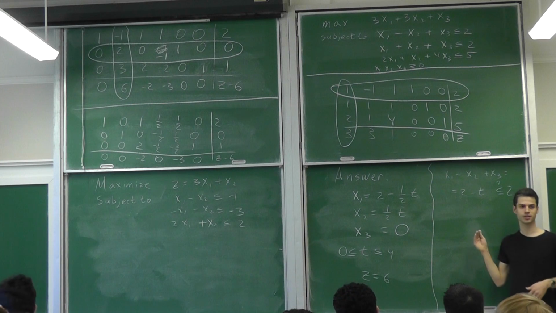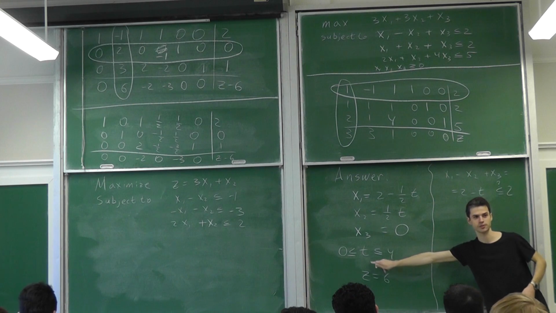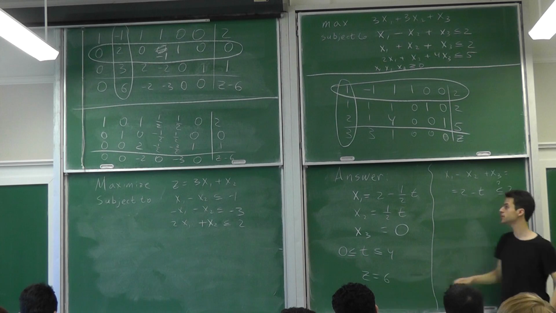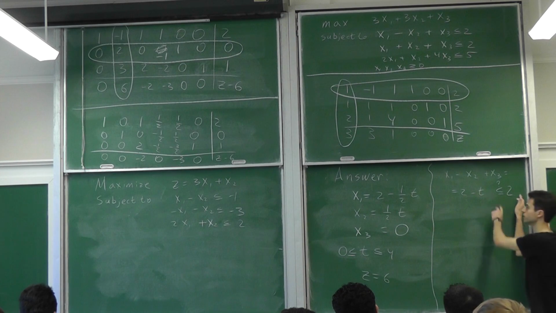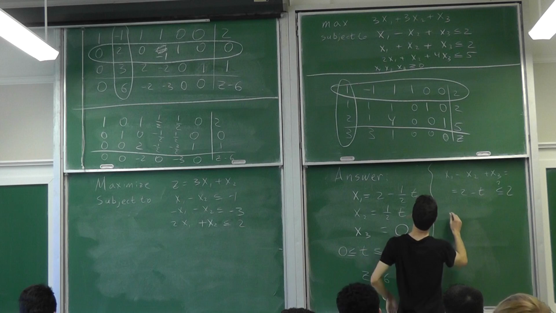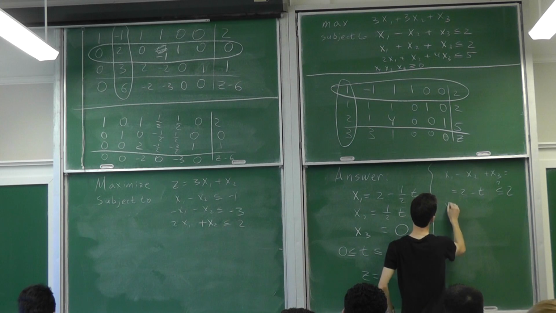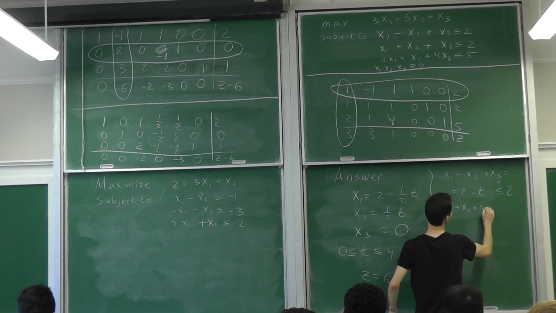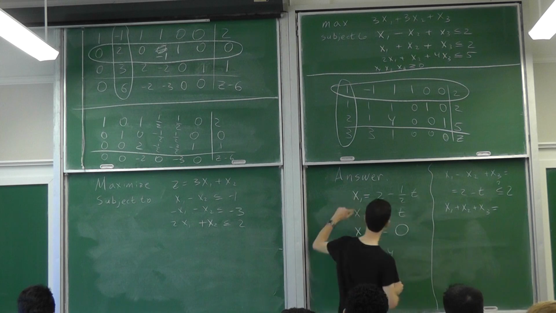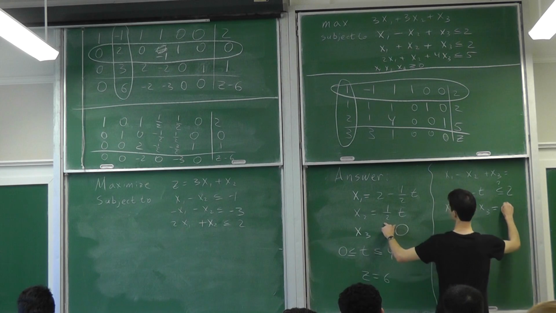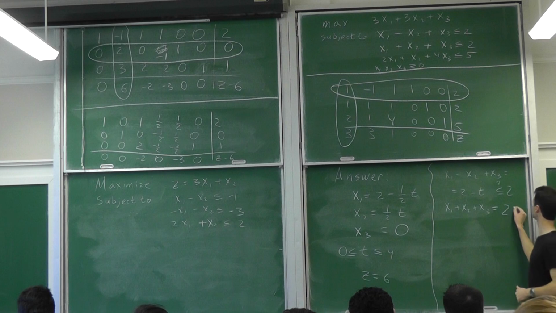Answer, yes. And the reason is because t is positive. So this inequality is used to satisfy this constraint. The second constraint, x1 plus x2 plus x3, well, this plus this plus this is basically just 2. And, well, of course it is smaller or equal than 2.